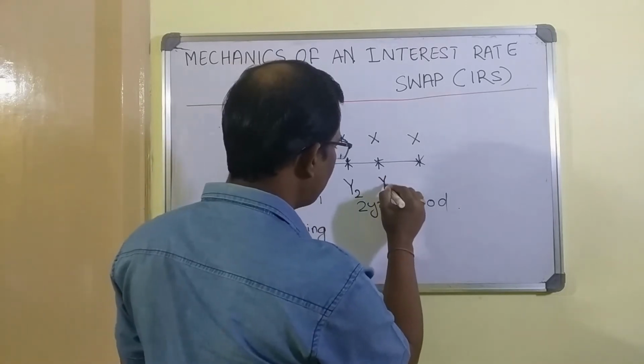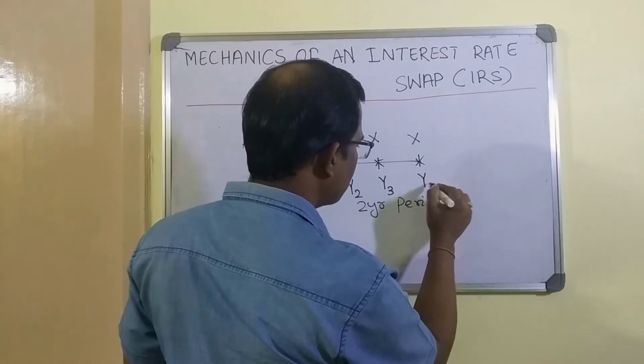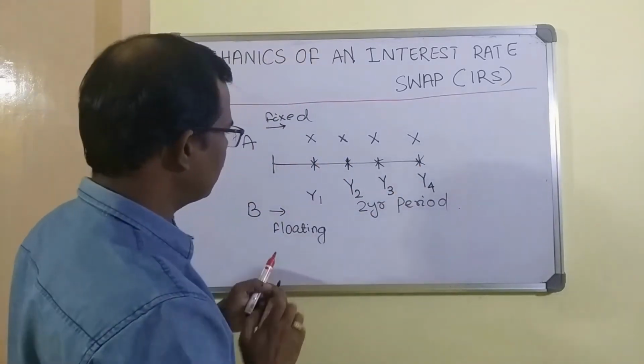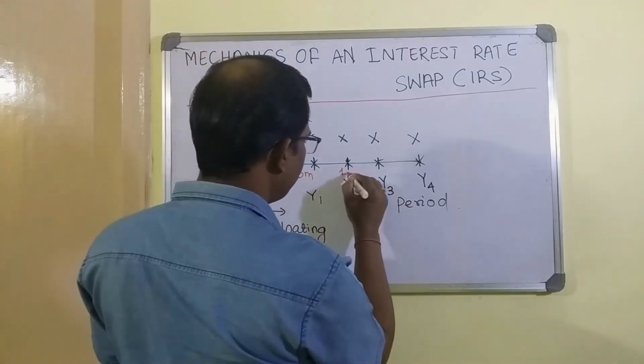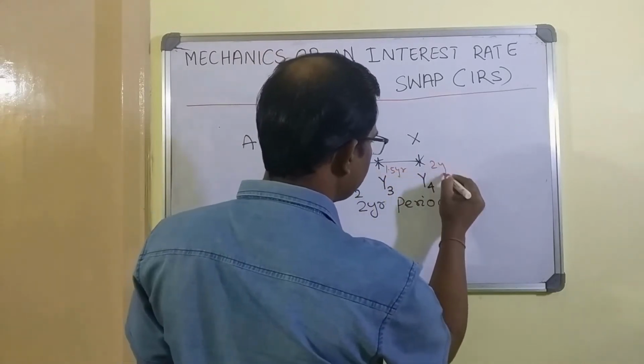So it could be Y1 in the first 6 months, and it could be Y2, Y3 and Y4. I am just mentioning the time frames here: 6 months, 1 year, 1.5 years, 2 years.